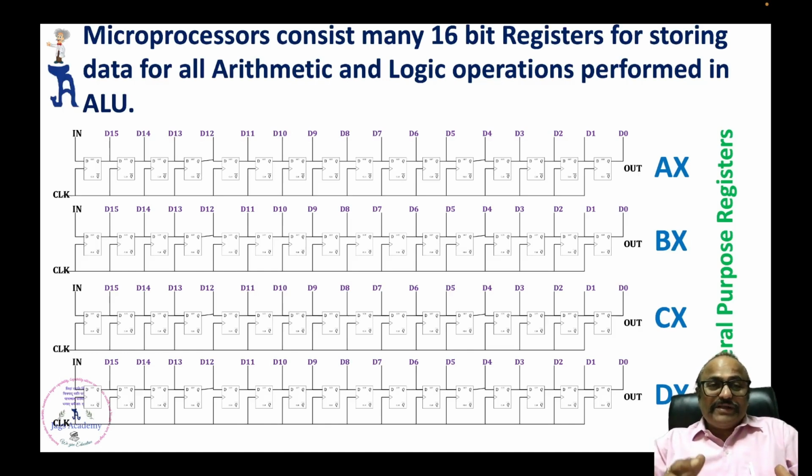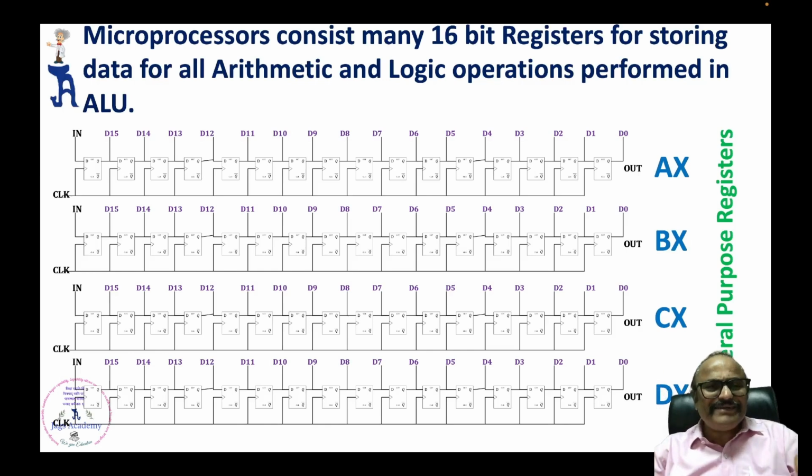Now let us see specific to 8086 microprocessor. You have multiple 16-bit registers inside the microprocessor unit. You have AX register, BX register, CX register and DX register. So you have multiple registers.